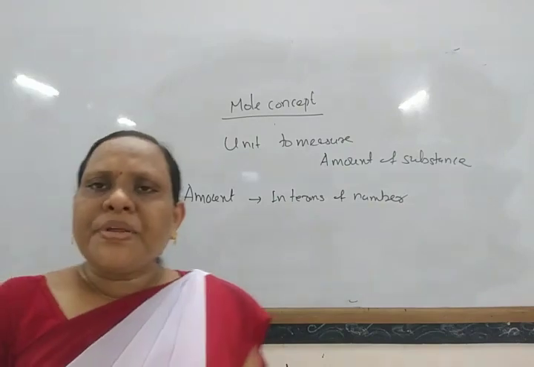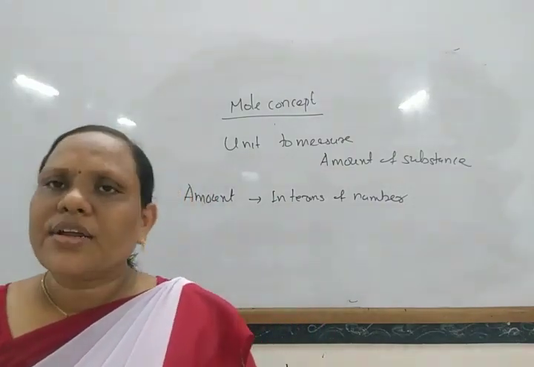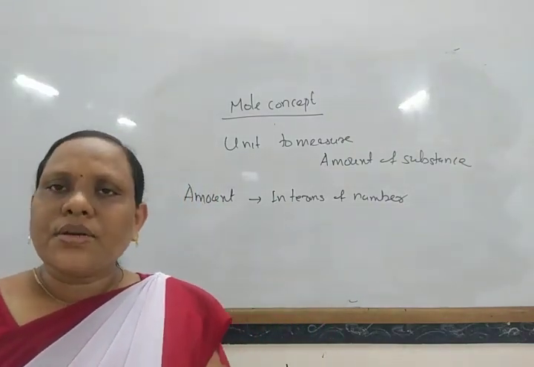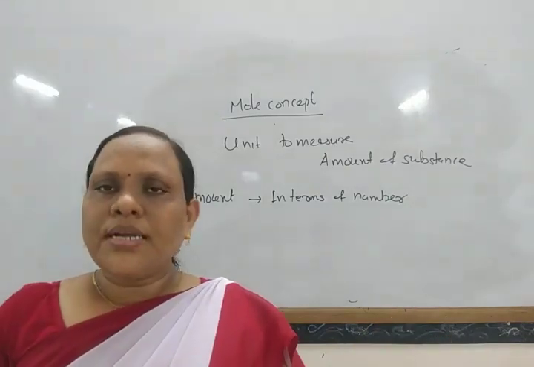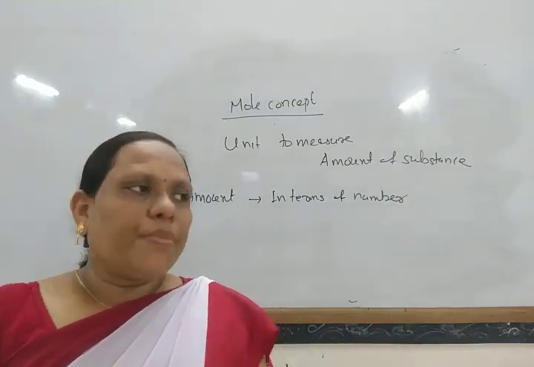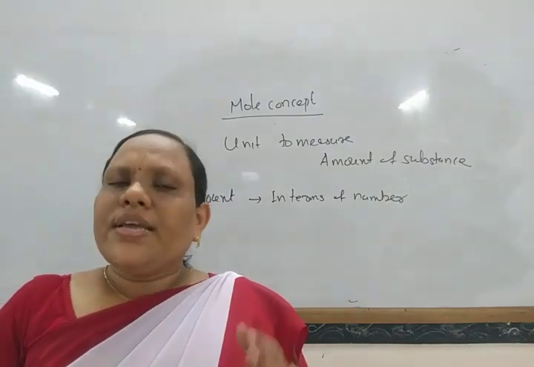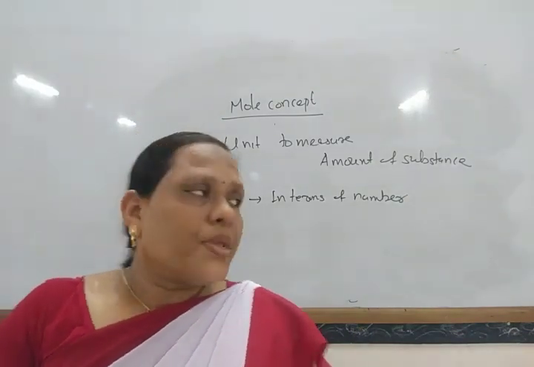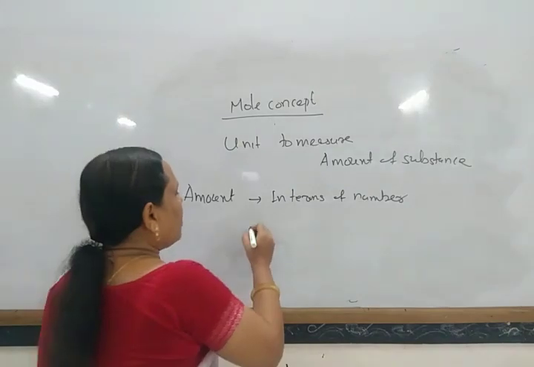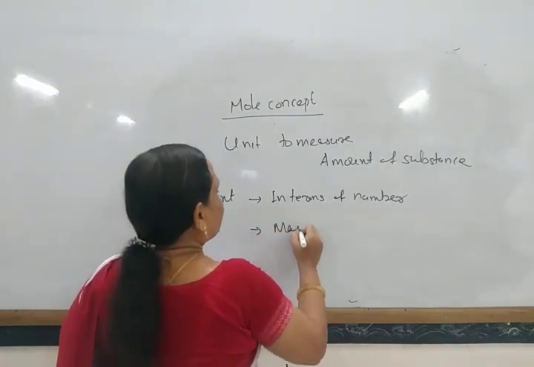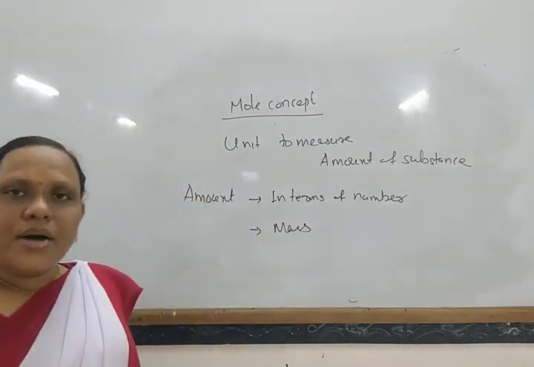Amount may also be expressed in terms of mass, such as grams or kilograms: how many kg of sugar, how many kg of rice, how many kg of anything else. So in this way we can measure the amount in terms of mass.